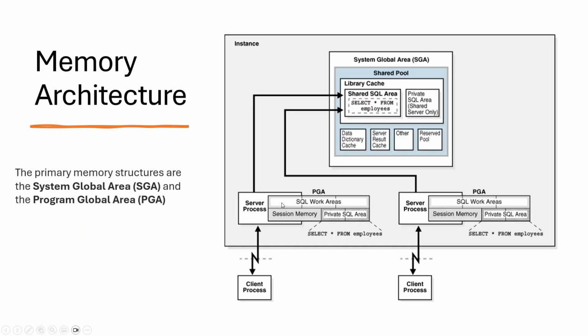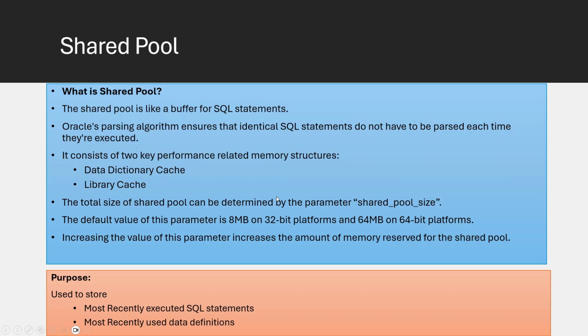Okay, shared pool. Shared pool is like a buffer for all SQL statements. So Oracle's parsing algorithm ensures that identical SQL statements do not have to be parsed each time they are executed. So whenever you execute a query, the query first will be stored in the shared pool only, in the library cache basically.